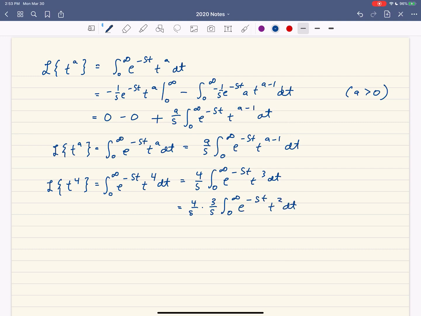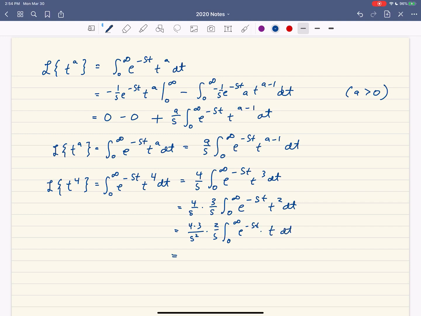This feels a little bit like the gamma function, right? And there's a reason. So I'm just going to leave it as 4 times 3 over s squared. And then I'm going to look at the integral of e to the negative st t squared. And that's going to be 2 over s, integral from 0 to infinity, e to the negative st times t.